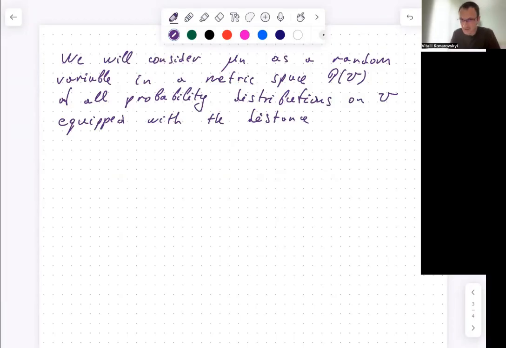So for instance, in this specific case, when U is a set of a finite number of points, you can assume, for instance, the total variation distance. Here it is not so important.